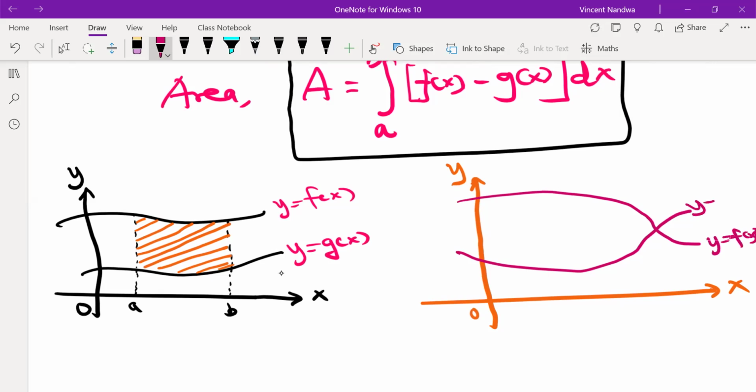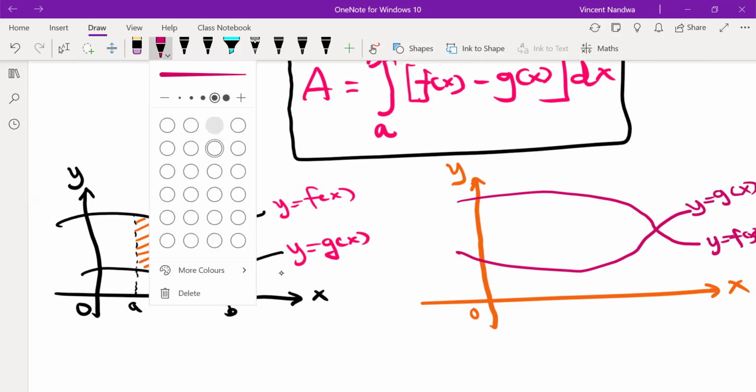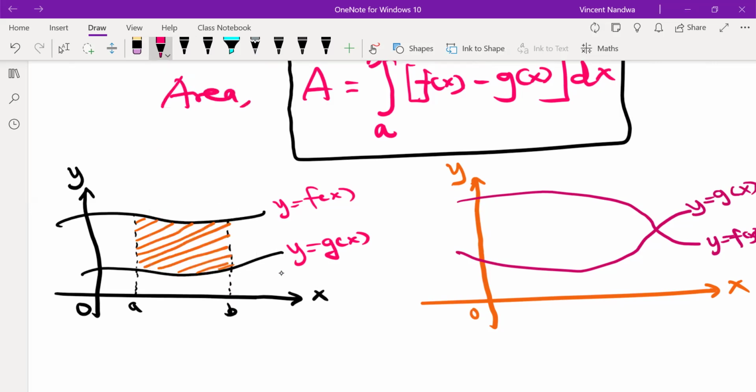This is a graph of y equals g of x. Then this is where we have the b. This is where we have the a. So this region. So the integration from a to b of upper curve minus lower curve.